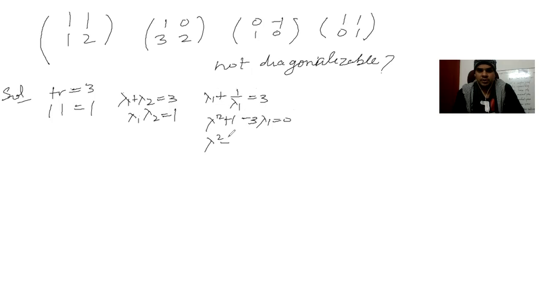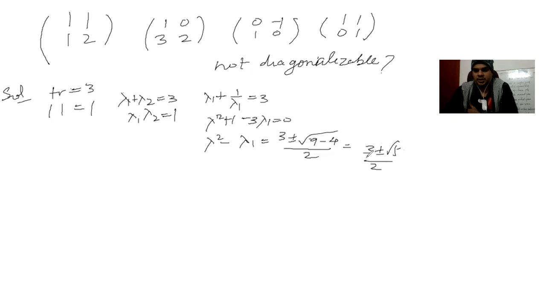We can find lambda using minus b plus minus root of b squared minus 4ac upon 2a, which is 9 minus 4. The eigenvalues are real, and we get the second one, which is the other root. So these two eigenvalues are distinct, so the first matrix is diagonalizable.